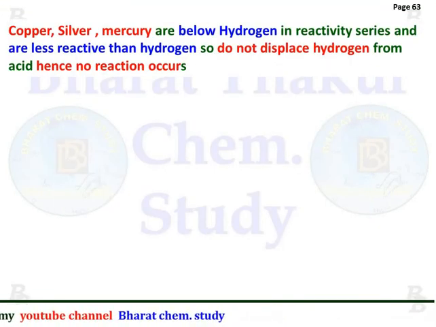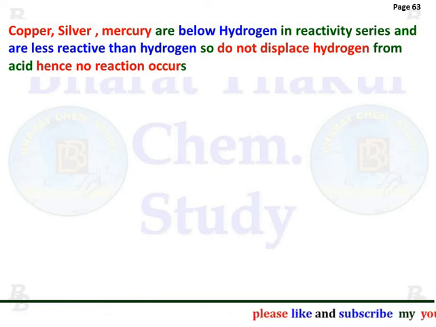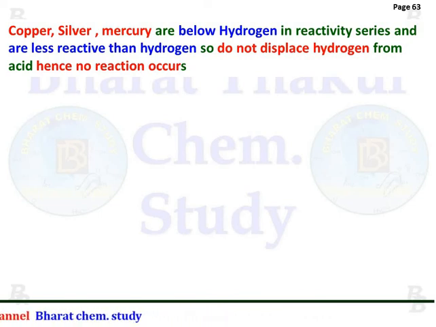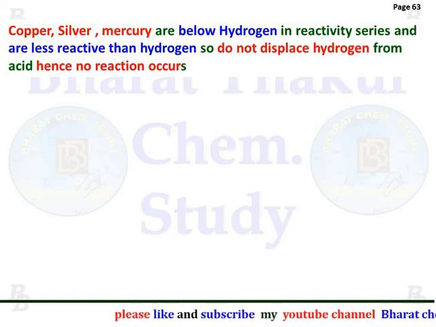Now copper, silver, mercury are below hydrogen in the reactivity series, which means they are less reactive than hydrogen. So whenever we add dilute acids to these metals, copper, silver or mercury, they will not displace hydrogen from acid. Hence no reaction takes place and no formation of hydrogen takes place.